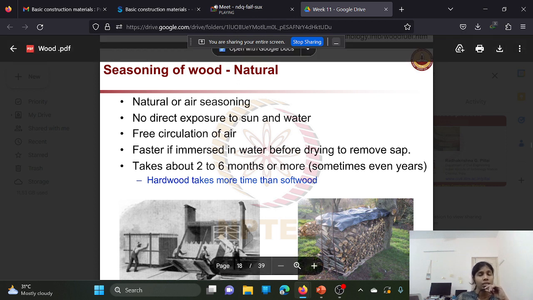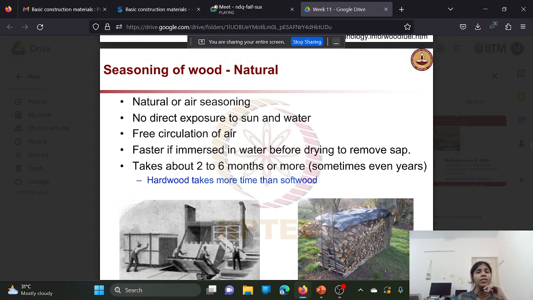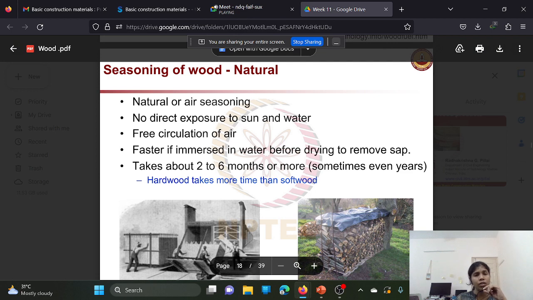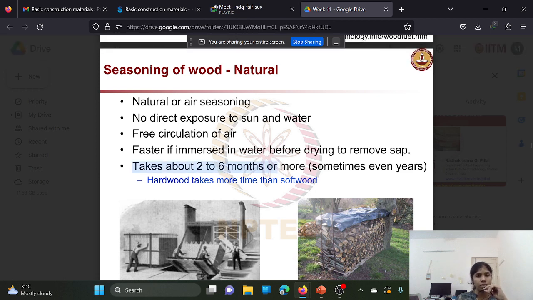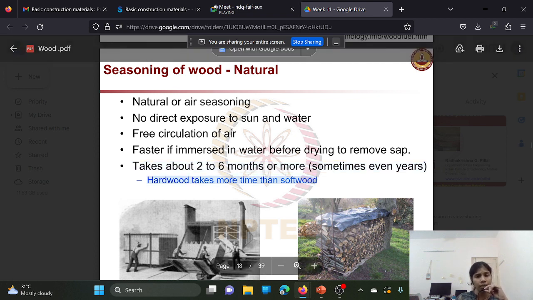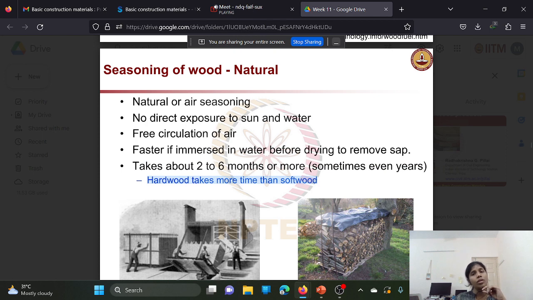Natural seasoning will be faster if the wood is immersed in water before drying. It usually takes 2 to 6 months or more, depending on the type of wood. For example, hardwood takes more time than softwood.